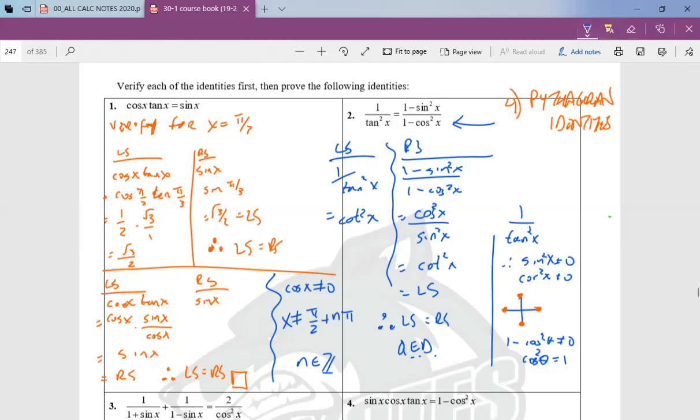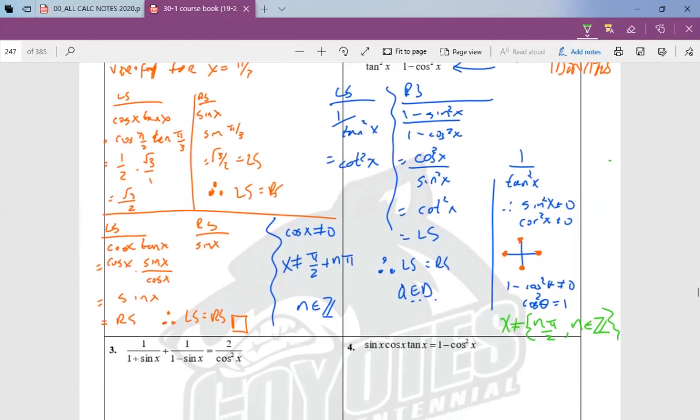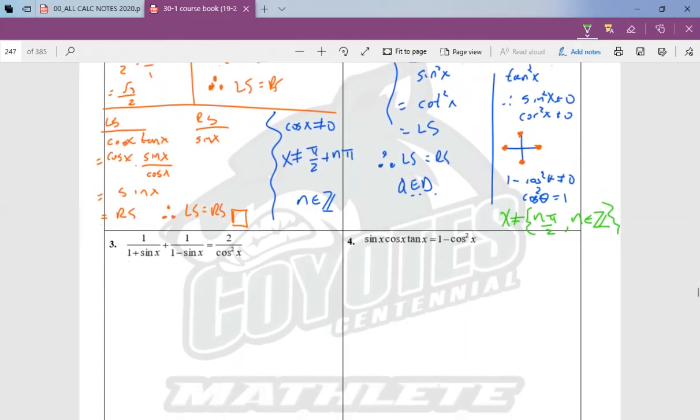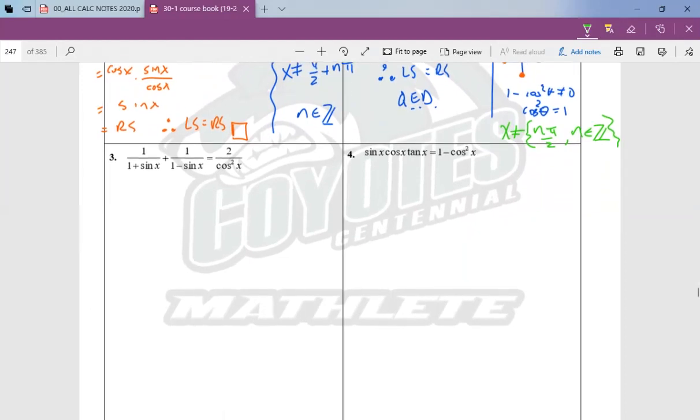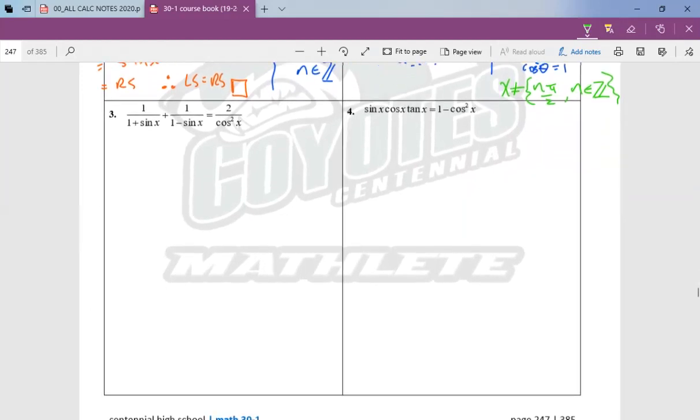So we don't really need that part, but we should conclude, therefore, x, not theta, cannot equal n times pi over 2. And so we've seen that a few times. N times pi over 2, where n is an integer. So x can't be any of those values. That will often be your restriction, either all 4 of those points, or sometimes if you have tangent in the numerator, then you just have cos can't be 0. Anyway, so let's look for that.